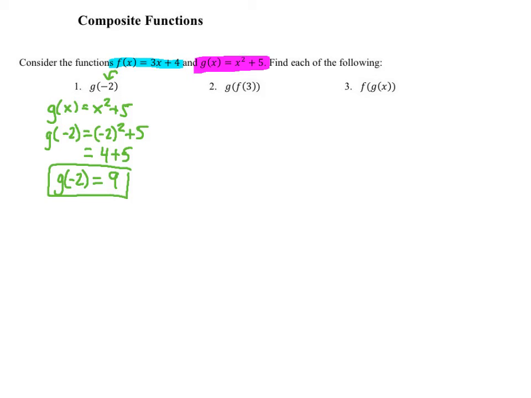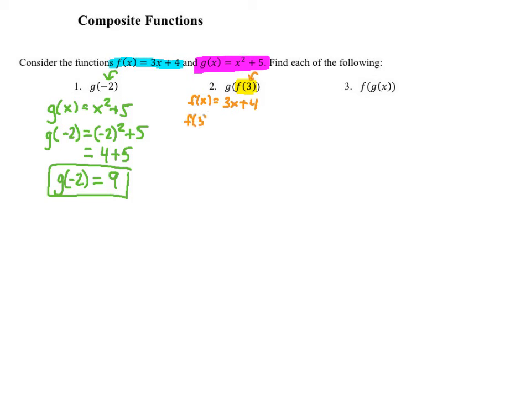For the next example, we have g of f of 3. So what I'm going to do is start out with that middle function, f of 3. So I am going to rewrite the function f of x equals 3x plus 4. And wherever there's an x, I'm going to put that 3 in.